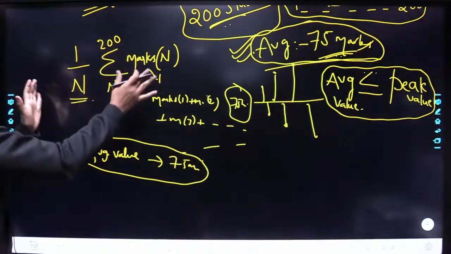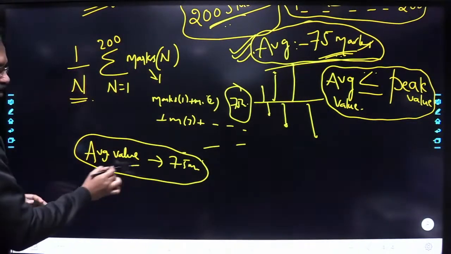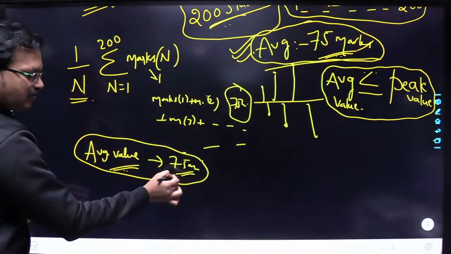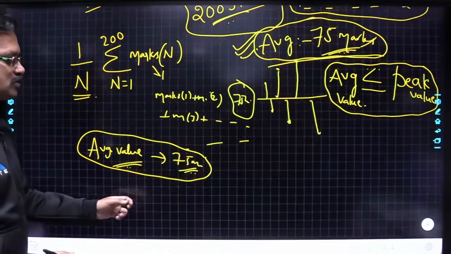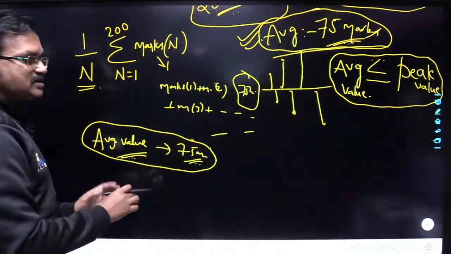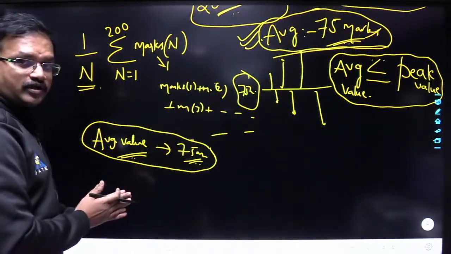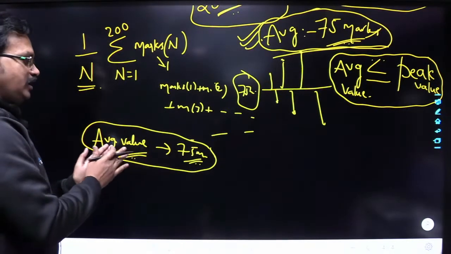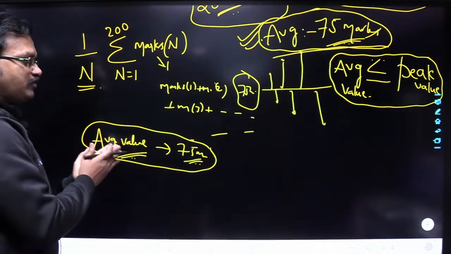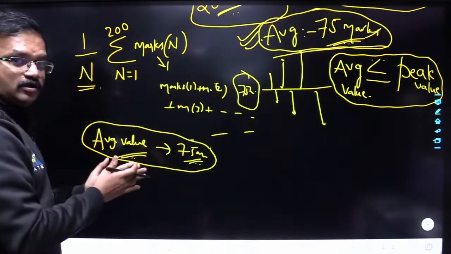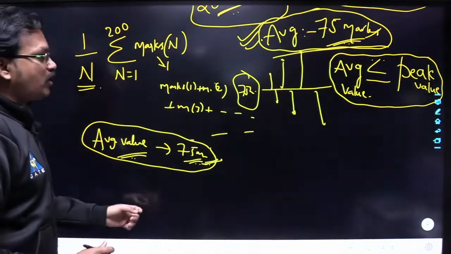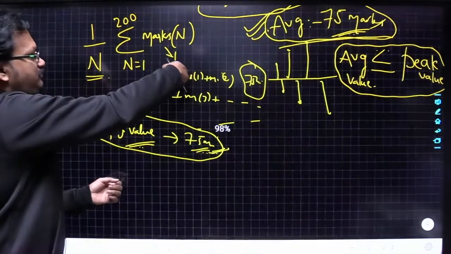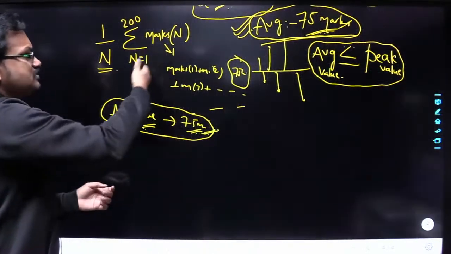So the whole data you can represent in terms of a single value. This average value doesn't represent the marks of any particular student here. It gives you the information about the whole data. So it is some constant value.